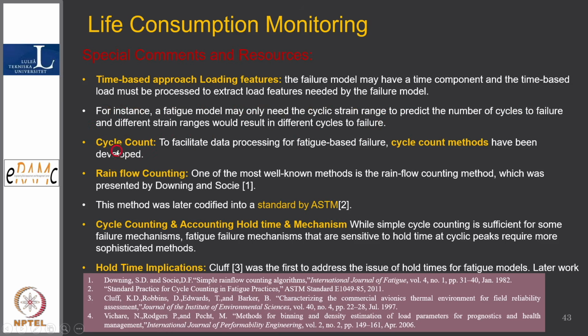If cycle counting is needed for data processing for fatigue based failure, cycle counting methods have been developed. One well known model is the rainflow counting model. For completeness I have included it here, though it is not within the scope to go ahead with it.